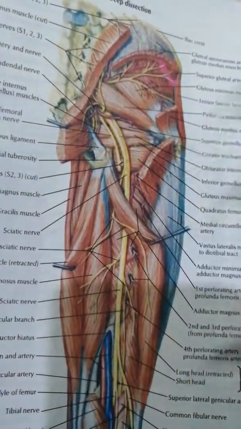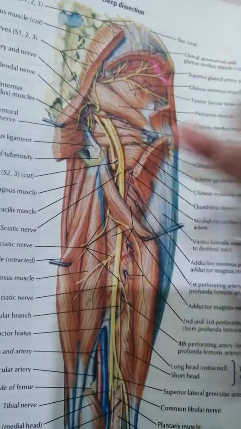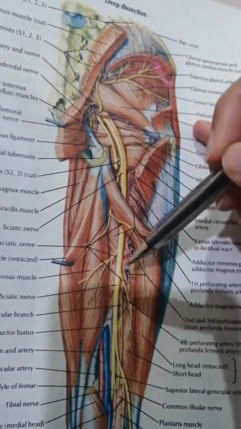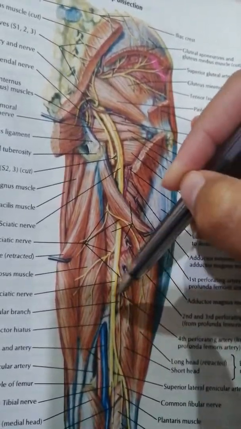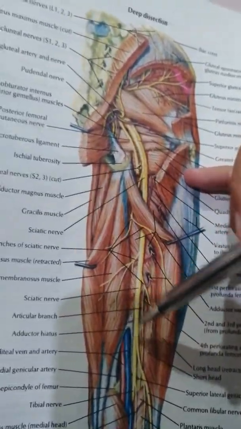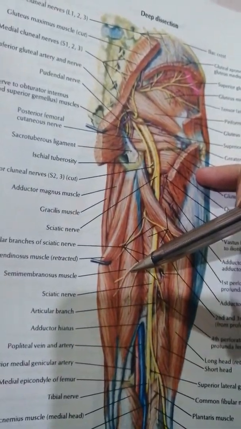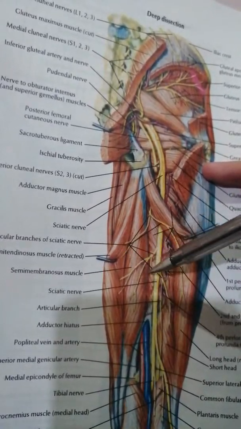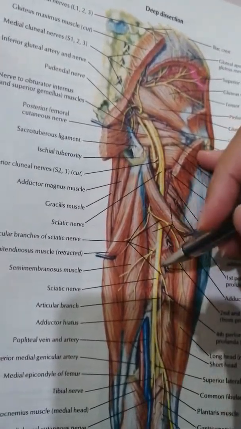In the thigh, the sciatic nerve has certain relationships. Lateral to the sciatic nerve, there will be the long head of the biceps femoris, as you can see. Medial to it, over here we will have the semimembranosus, and sitting on top of the semimembranosus we will have the semitendinosus.